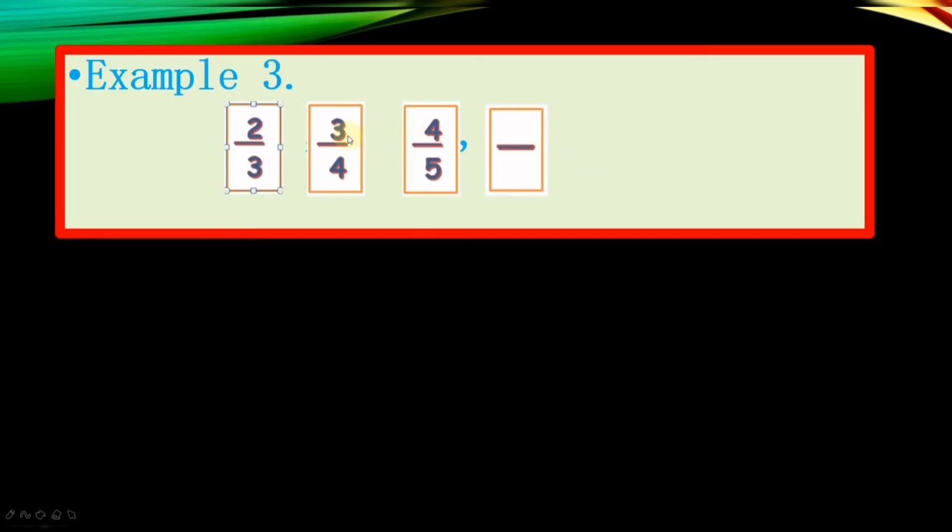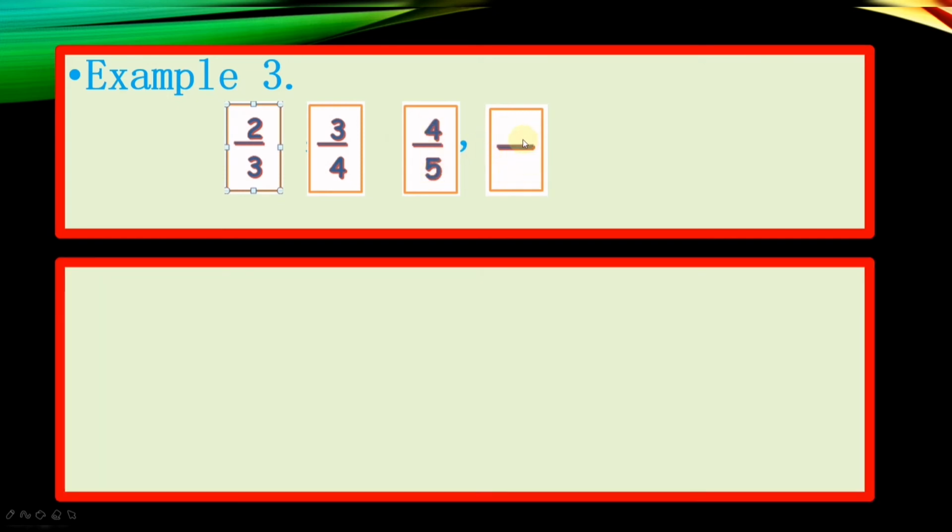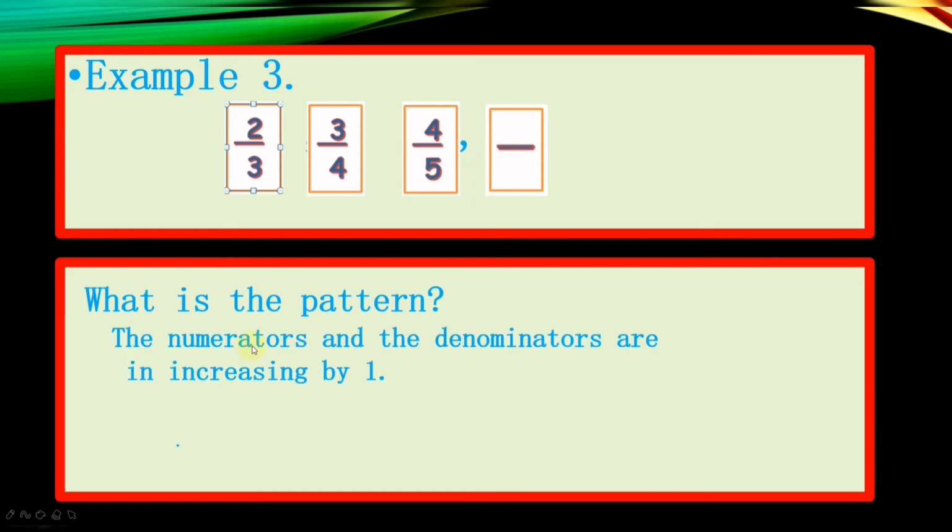Example number 3, we have here 2/3, 3/4, 4/5. What should be placed here? What is the pattern? So the numerators and the denominators are increasing by 1.